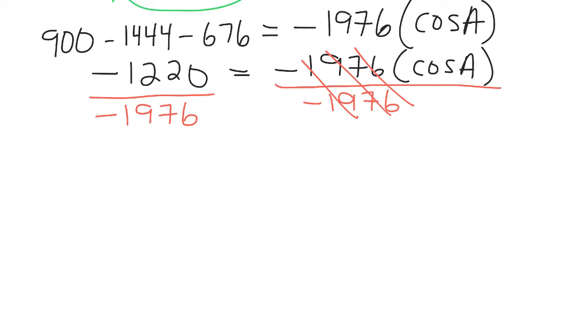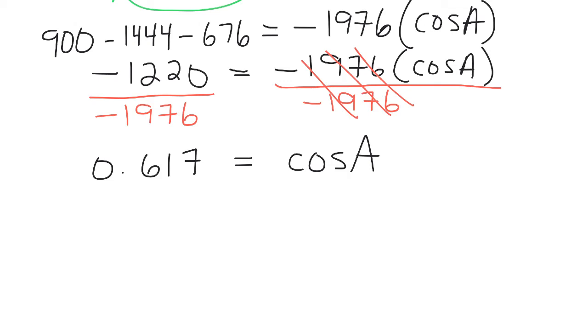We're again going to round our decimal off to 3 decimal places. We don't want to round too much. That's going to give me 0.617. On the right-hand side, I still have the cosine of angle A. So now to isolate for A, we need to get rid of the cosine.